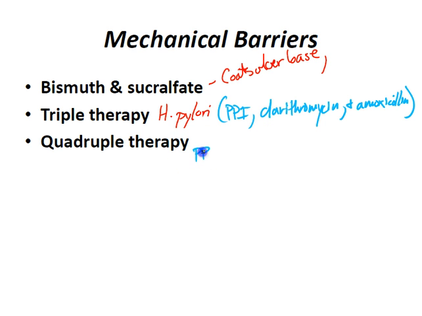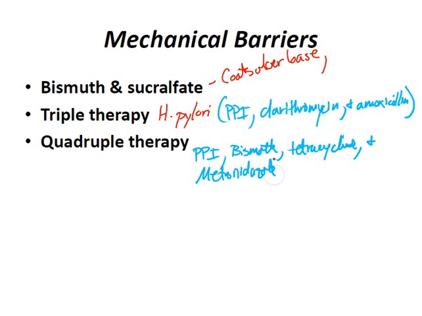That's your PPI again, such as omeprazole, bismuth, tetracycline, and the good old-fashioned free radical killer metronidazole. This regimen is used when resistance is suspected in the agents in the triple therapy. That's when you start to use the PPI, the bismuth, the tetracycline, the metronidazole.